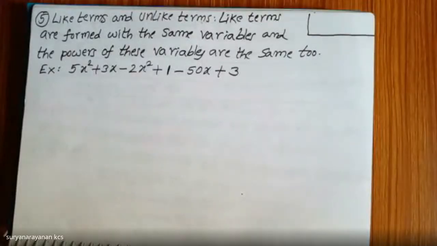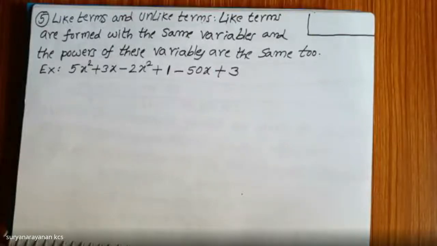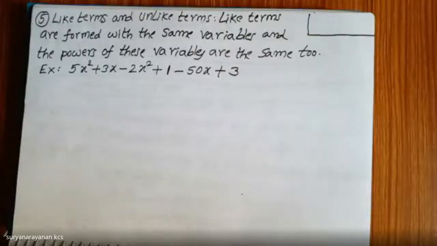What is the second term? 3x. Yes. What is the third term? Minus 2x square.